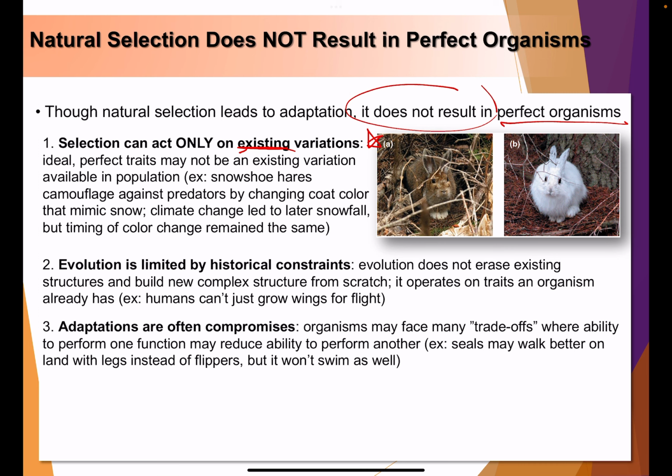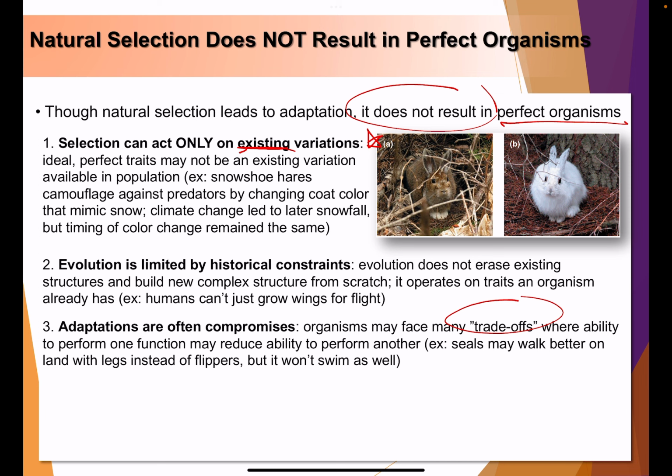Now, third, adaptations are often compromises, which means there is not a perfect match between adaptation and the traits or variation that already exist in the population. Some organisms may face many trade-offs, where the ability to perform one function may reduce the ability to perform another.